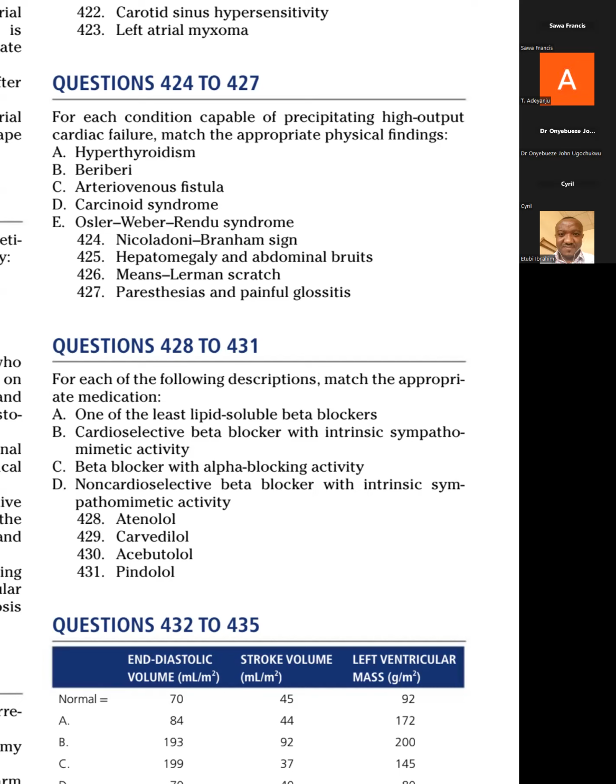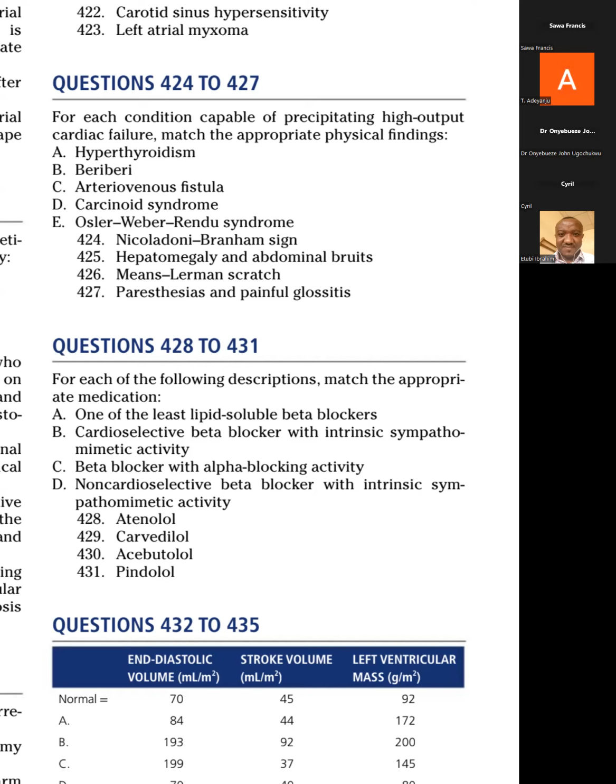The next one is hepatomegaly and abdominal bruit, and we look at the options available. We'll take a look at Osler-Weber-Rendu disease, which is commonly a hereditary hemorrhagic telangiectasia, which also includes an AV fistula, but it doesn't have to do with what we saw in the Nicoladoni-Branham sign. This condition may occur especially in the liver and the lungs.